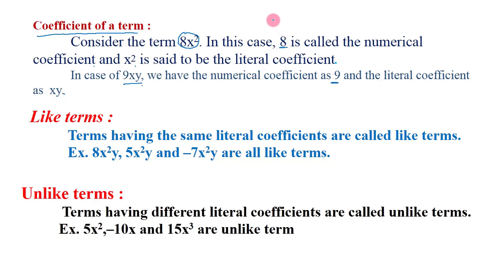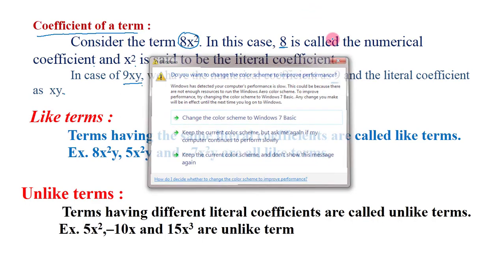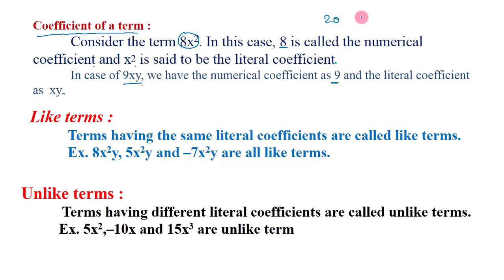If you write a constant 20 and a variable y in product form, we can write 20y. This is an algebraic term. In this term, 20 is the numerical coefficient, and the variable part is the literal coefficient.